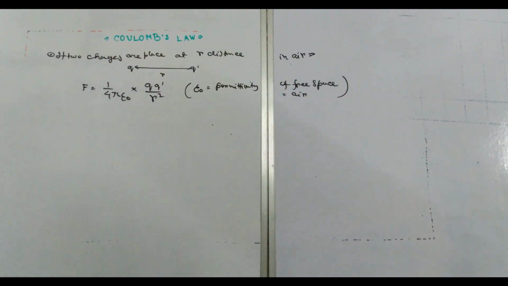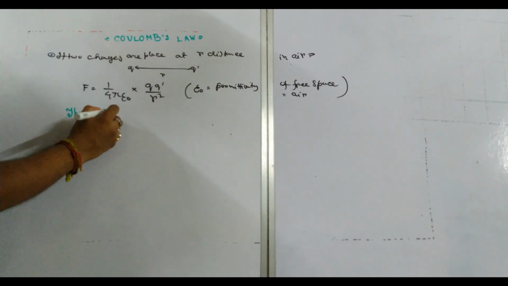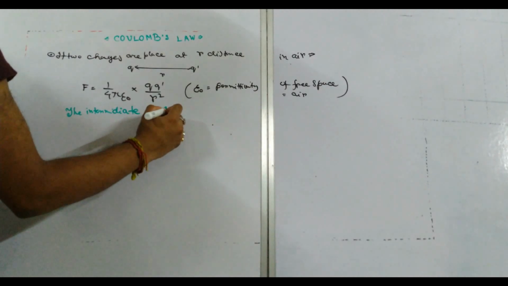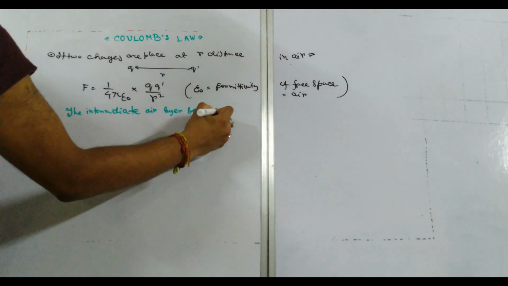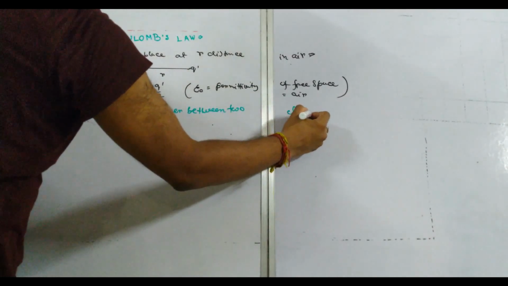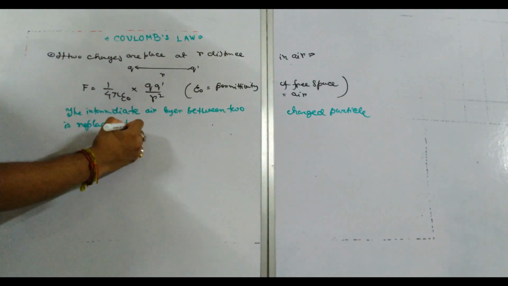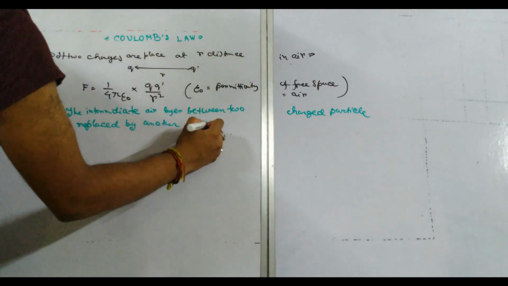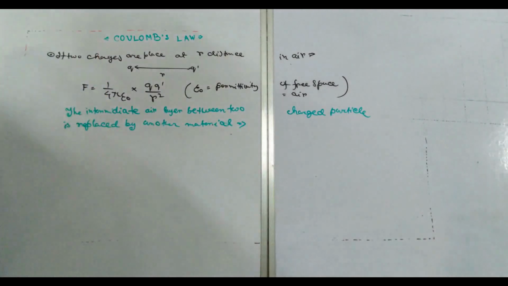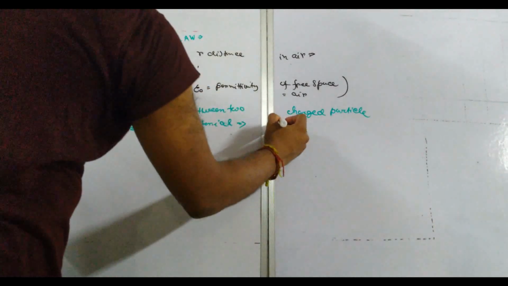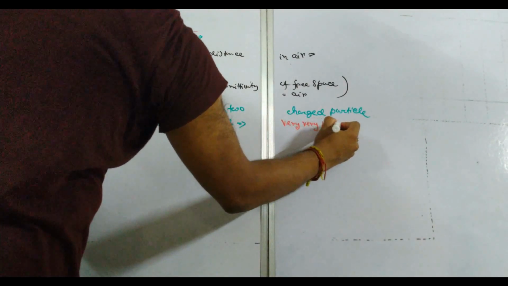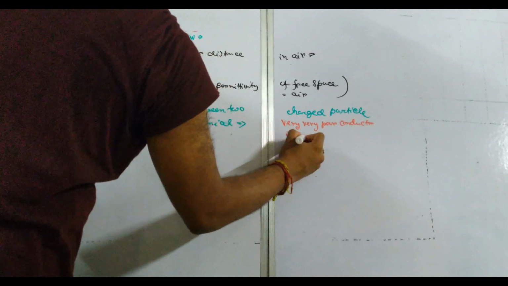Now, if the intermediate air is substituted by another material, which must be an insulator or a very poor conductor, that is, the intermediate air layer between two charged particles is replaced by another material, and I told you earlier the material must be an insulator or very poor conductor, right?